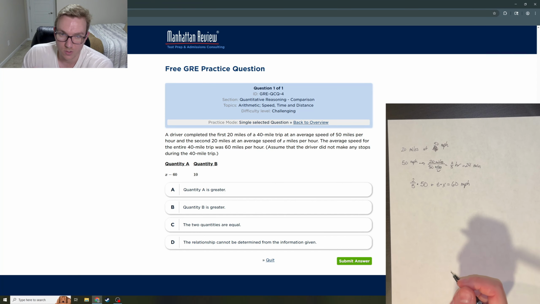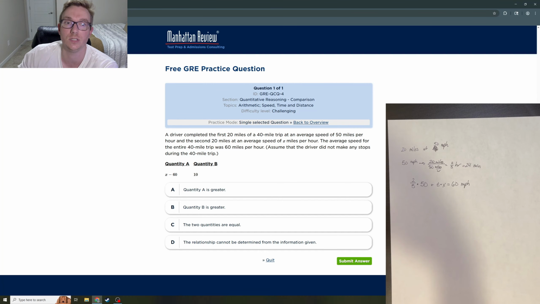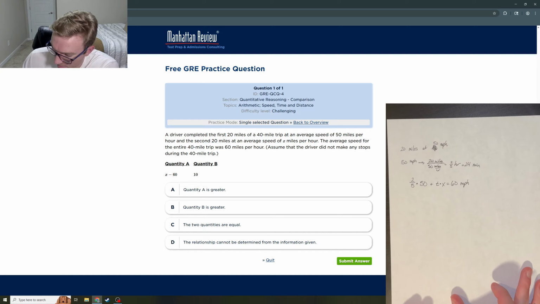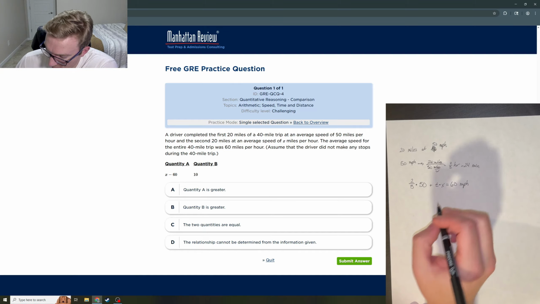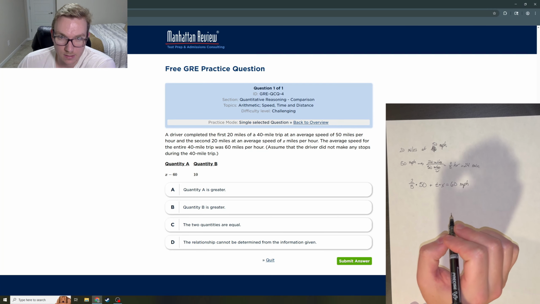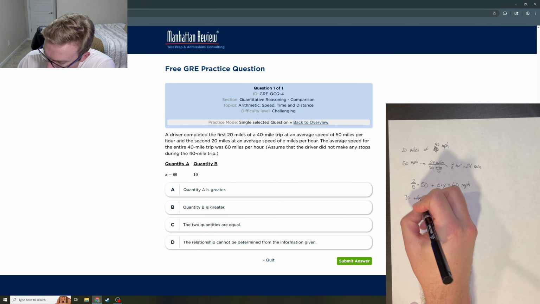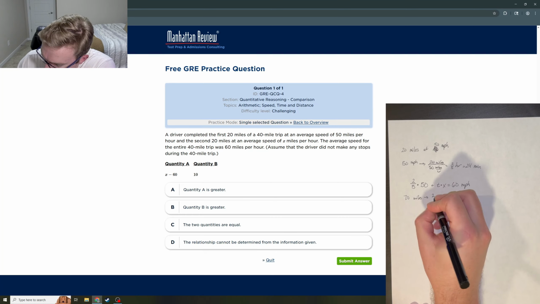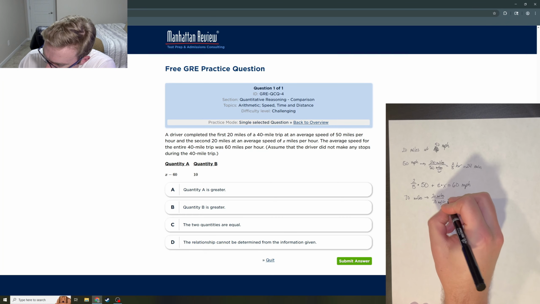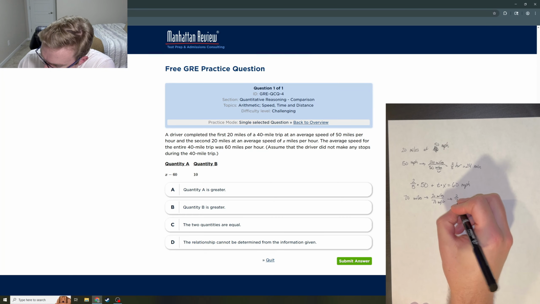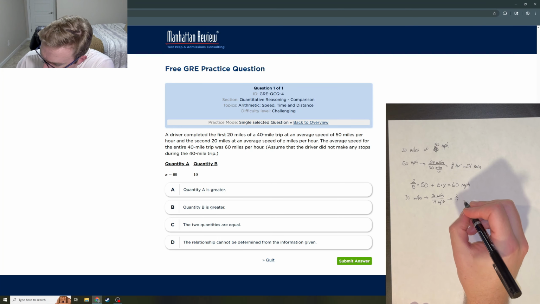Now, one thing that you can basically do is let's assume that it was 70, because that's really where they want you to go here. What if X was 70 miles an hour? That's kind of the knee-jerk reaction. So if we plug in 70 for that second miles per hour, that's 20 miles at 70 mph, which is then 2/7 of an hour.